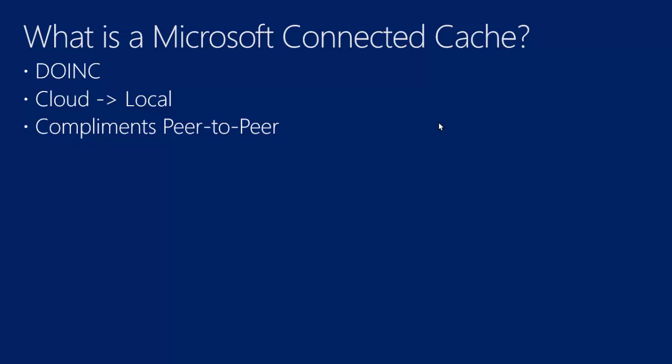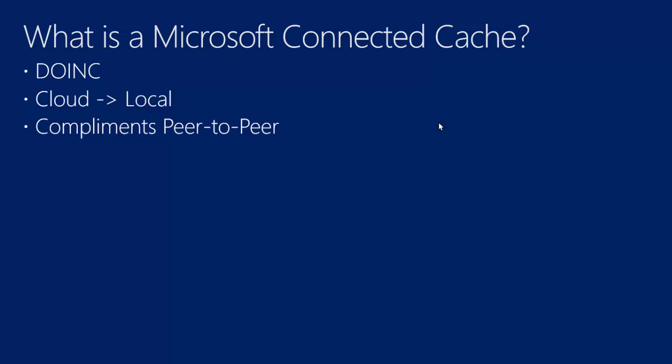The Microsoft Connected Cache is that element that allows for having a single source, if you will, for local storage. In other words, think of the Microsoft Connected Cache as a place on your local network where this cloud orchestrated content can be downloaded or provided, and then other devices on your network can reach out to that server as a place for that content versus having to pull it from peers.